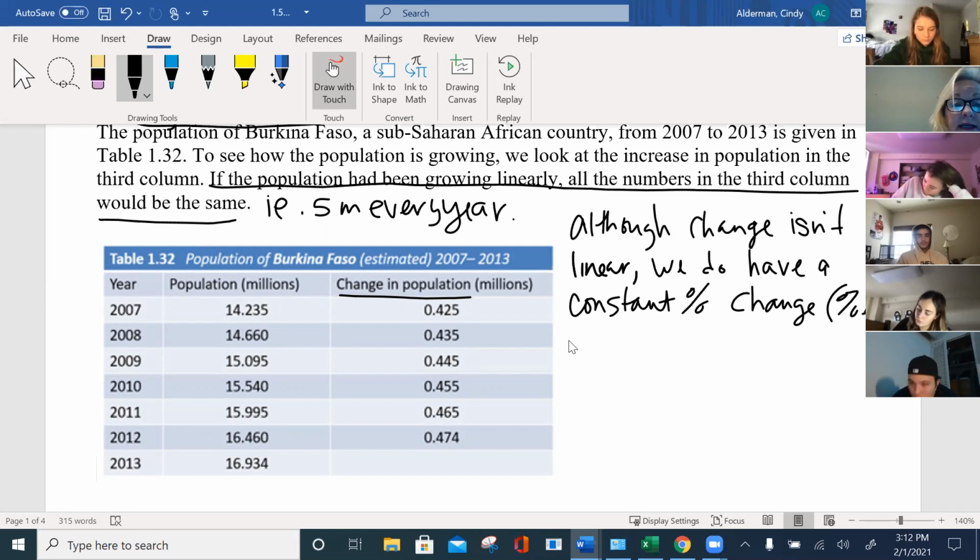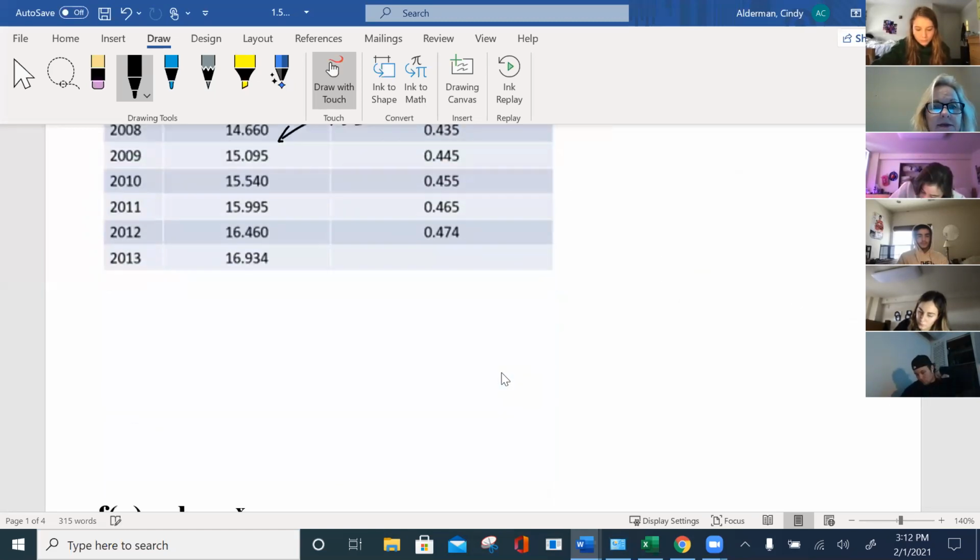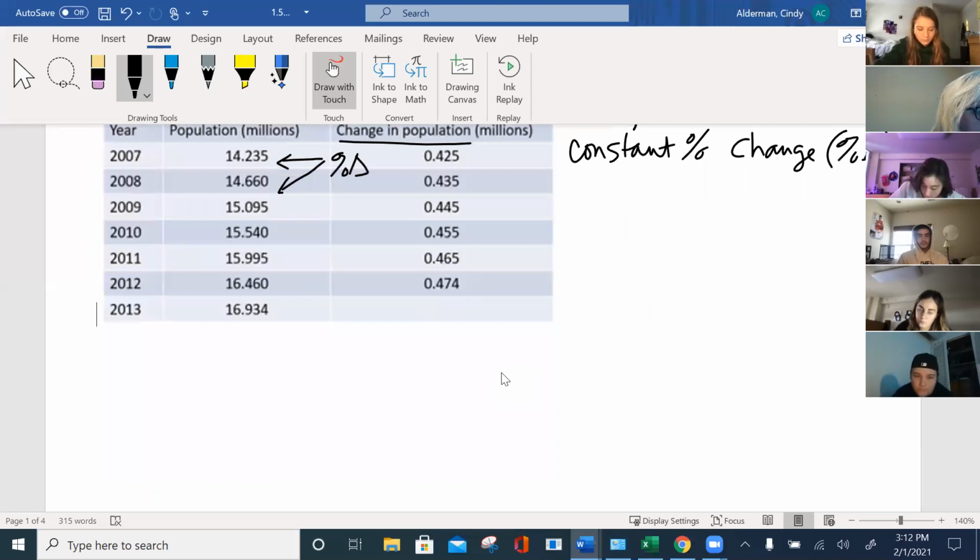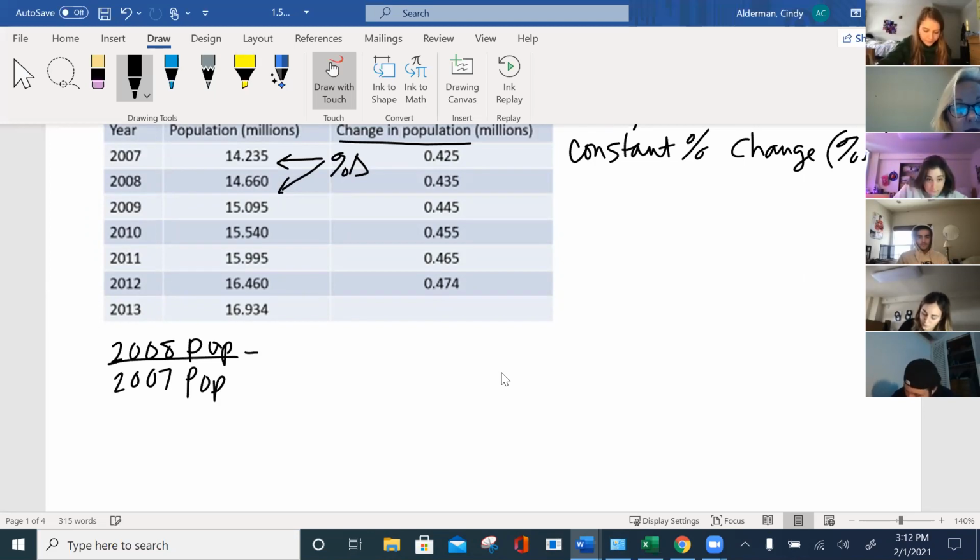Okay, so if we're looking at the percentage change in those two numbers, we would take, down here, the 2008 population number and divide it by the 2007 population number. So those numbers are 14.660 and 14.235.